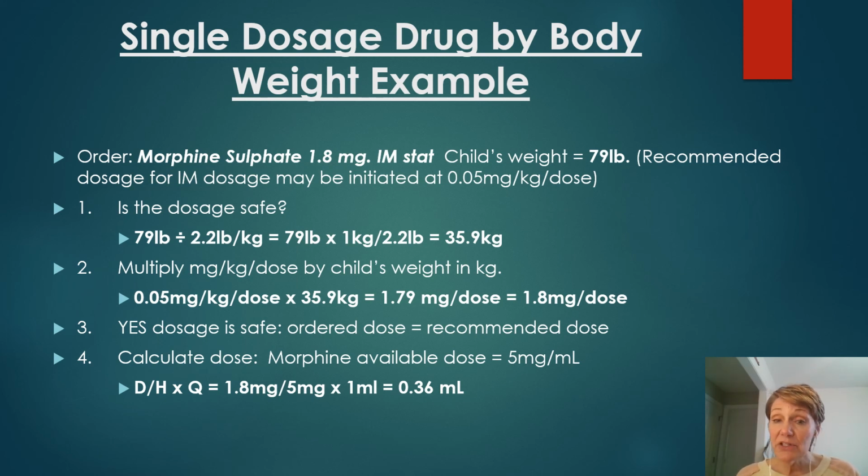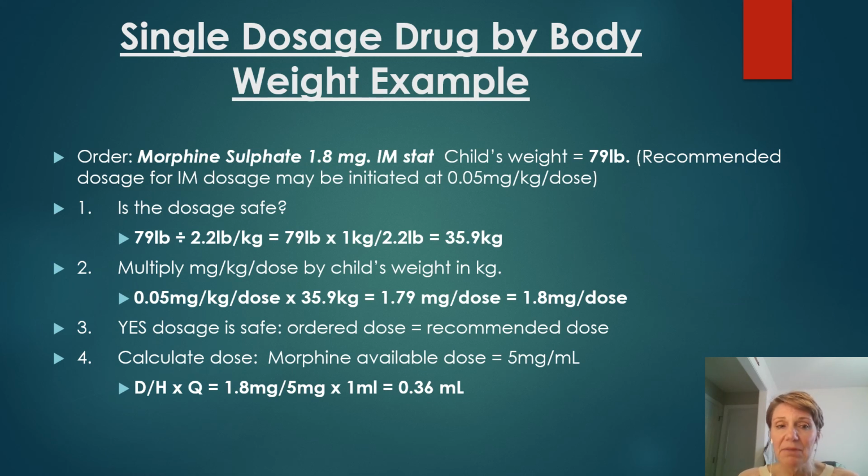So our first step is to take that 79 pounds and divide it by 2.2 pounds per kilo. And when we do that, we should get a total of 35.9 kilograms. From there, we will multiply milligrams per kilogram per dose, or in other words, that 0.05 milligrams per kilogram per dose, by that child's weight in kilograms, or 35.9.